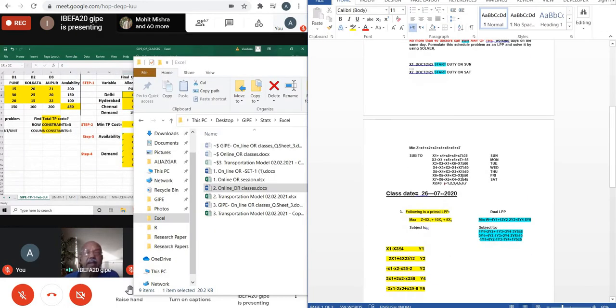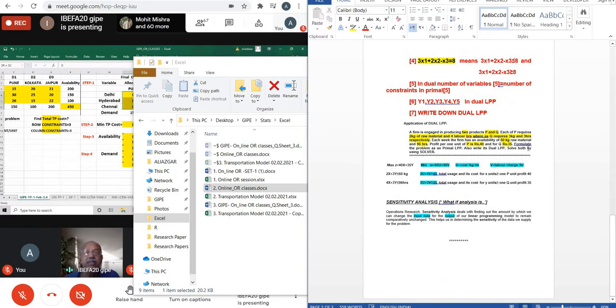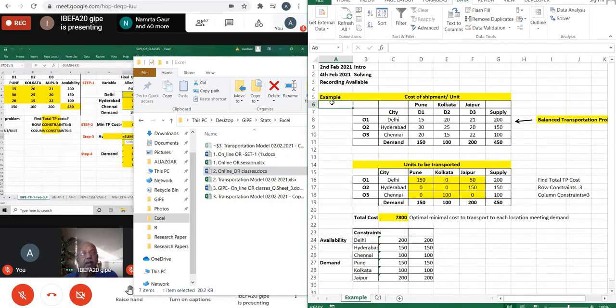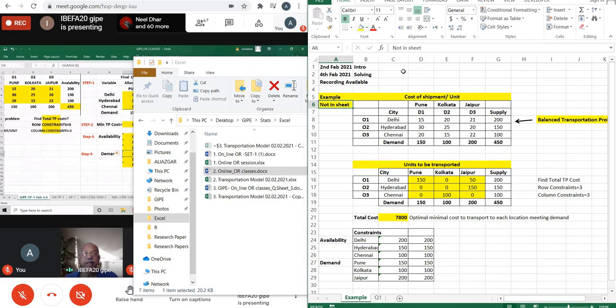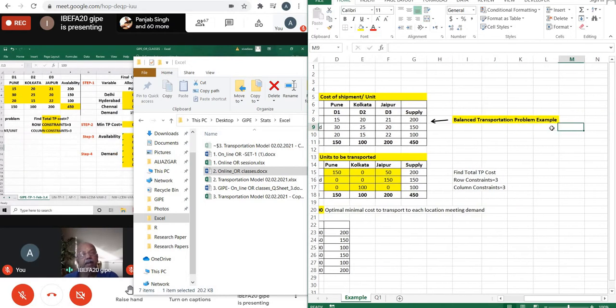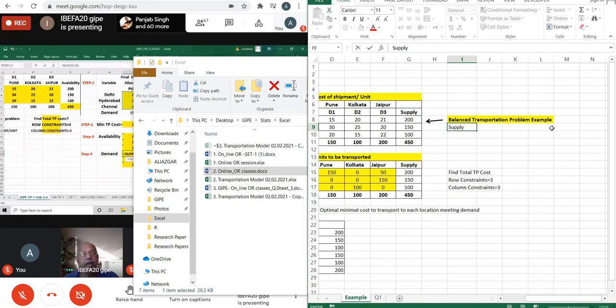Availability means Delhi, Hyderabad and Chennai totals. They are 200, 150, 100. Demand: Pune, Kolkata and Jaipur, 150, 100, 200.